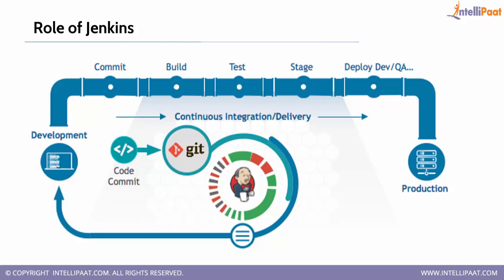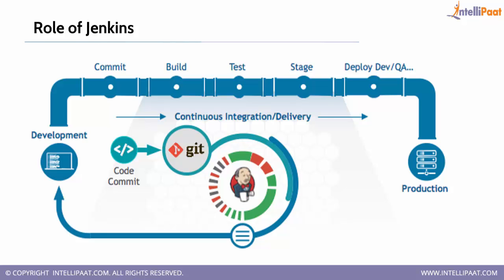So from the Git, Jenkins pulls the code and then moves it to the commit phase, where the code is committed from every branch and merged. And then Jenkins moves into the build phase where we compile the code. If it is Java code, we use tools like Maven in Jenkins and then compile that code to get our jar file or the war file which we can deploy. And then we run a series of test cases.